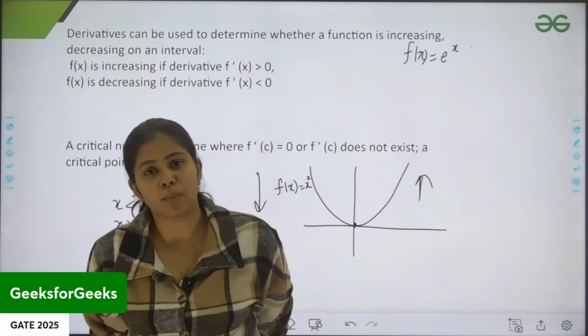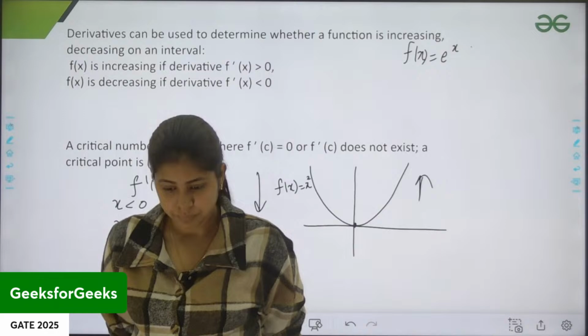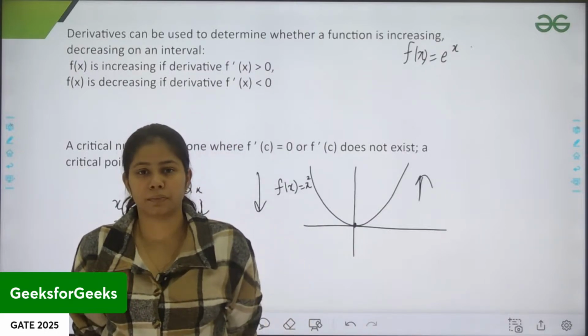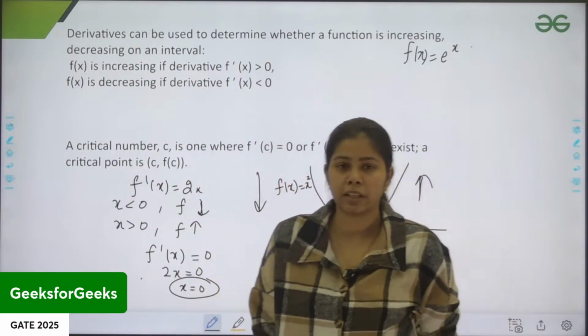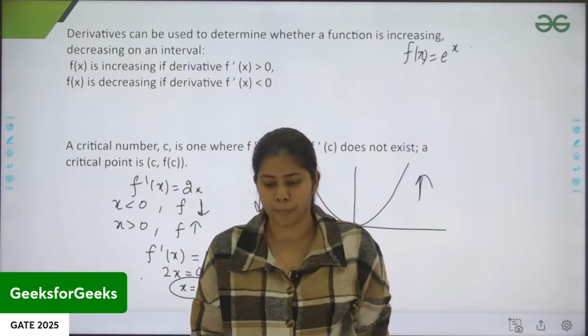What would I do to find a critical point? I'll find the derivative.